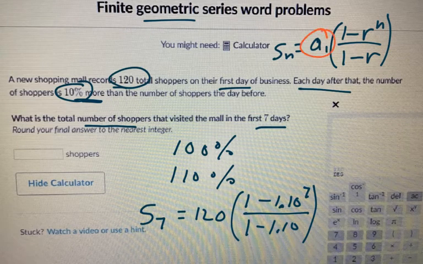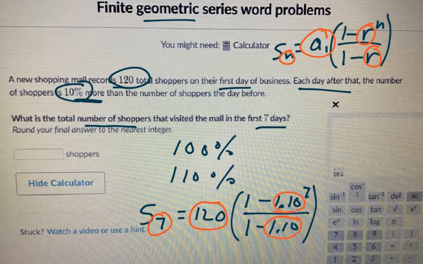In our case, A1 was 120. N is 7 because we're doing the first 7 days. And our rate is 1.10. So, because remember again, we want 110%. And if you forgot, what you do is you move the decimal over 2 spaces to make it into a number again.